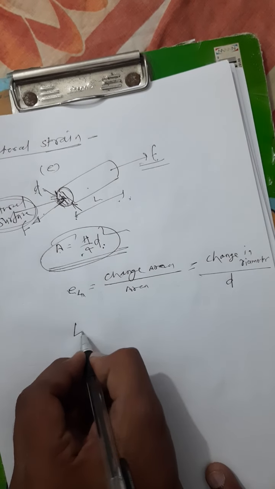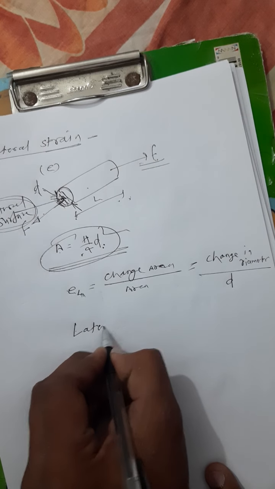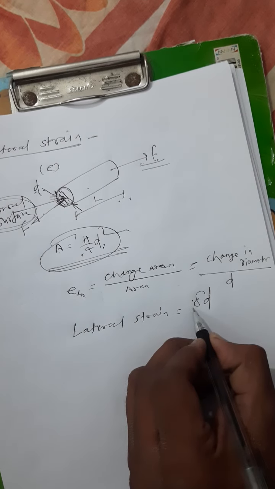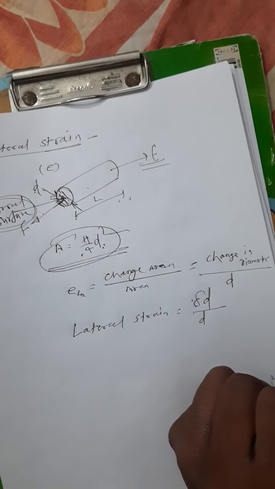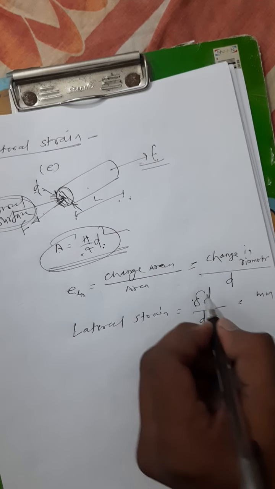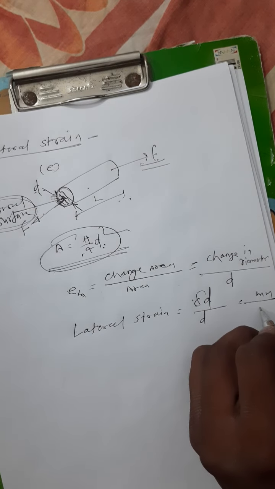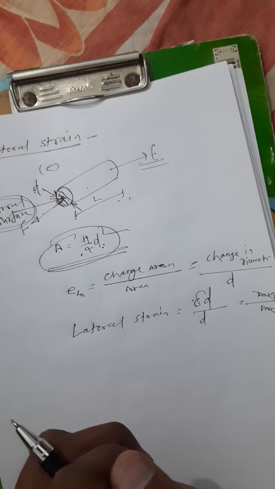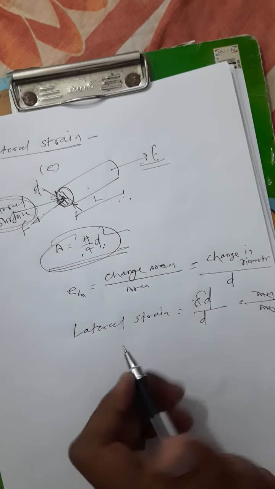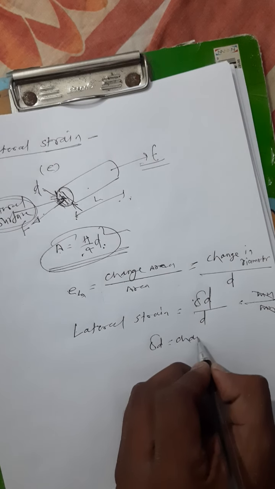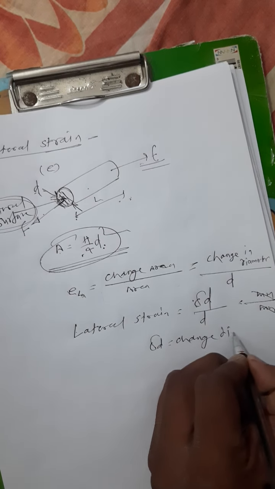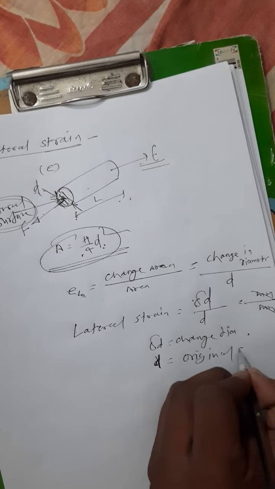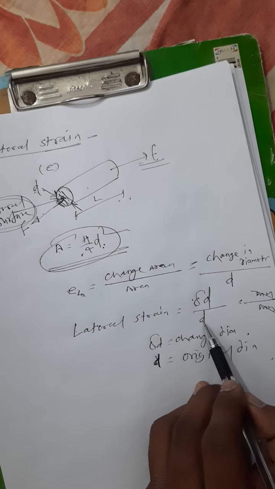Are you getting it? Diameter is measured in mm, even though it is changed, and the original diameter is also measured in mm, so mm gets cancelled, so lateral strain is again unitless. So lateral strain means change in diameter to original diameter.